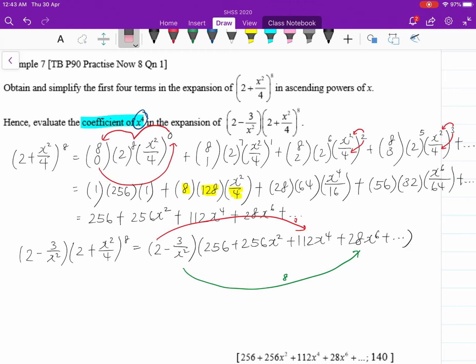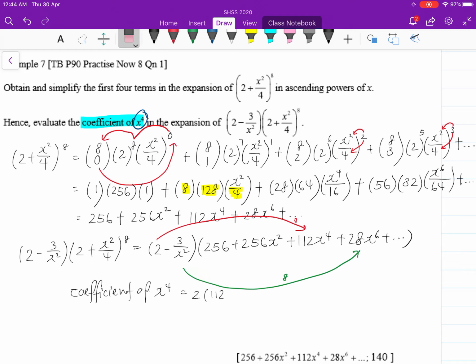Now let's take a look at number 8. 3 over x squared times 28x to the power of 6 gives me x to the power of 4, because x squared cancelled with x to the power of 6 gives you x to the power of 4. So we want number 3 and number 8. That is how we evaluate what we want. So the coefficient of x to the power of 4 is actually 2 multiplied by 112.